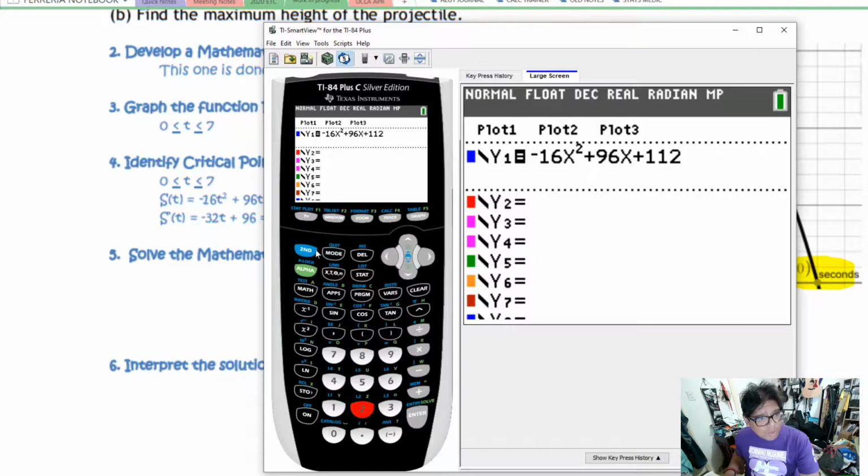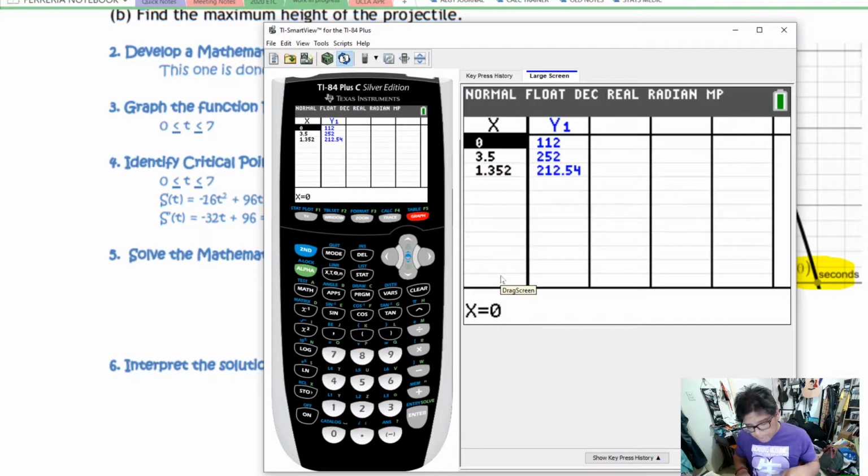So let's go to our table and let's substitute things in. Our domain is 0 to 7. That gives me an initial height of 112, and at t equals 7, the height of the projectile is 0. And we'll put in our critical value, which is 3. That gives me 256. So it looks like the highest height of this projectile would be 256.